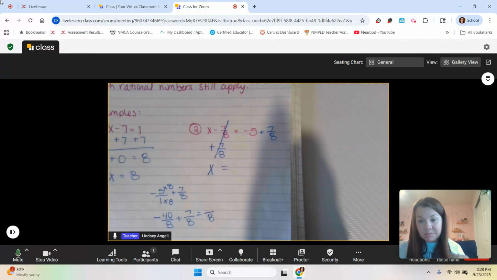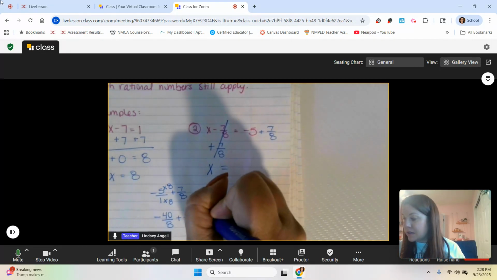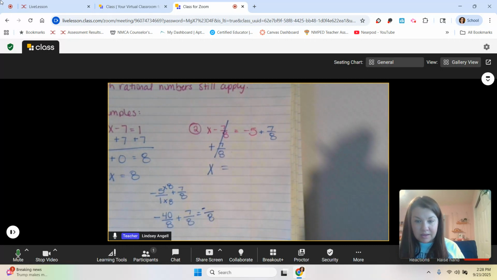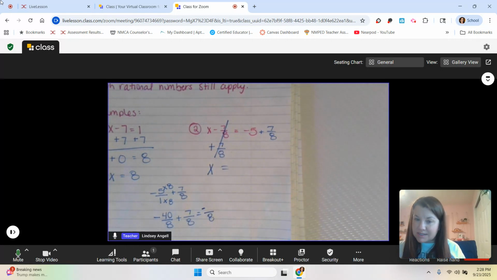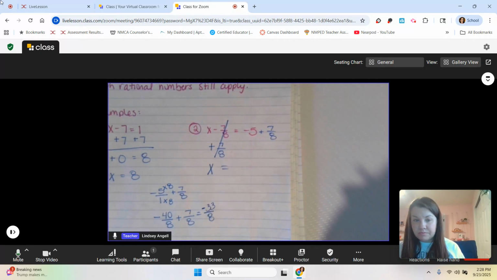I know it's still going to be a negative because, pretend like I borrowed $40, right? I have negative $40. I paid off 7 of it. So I still owe money. So that's still a negative, right? And 40 minus 7 is 33. Okay?